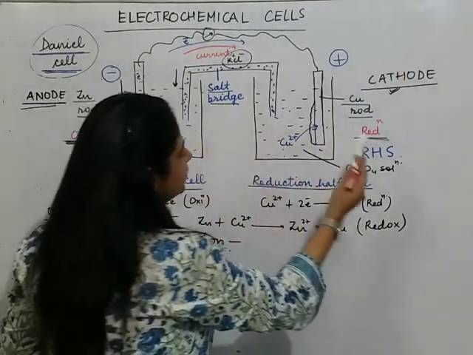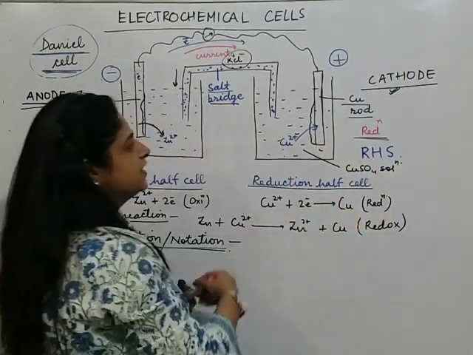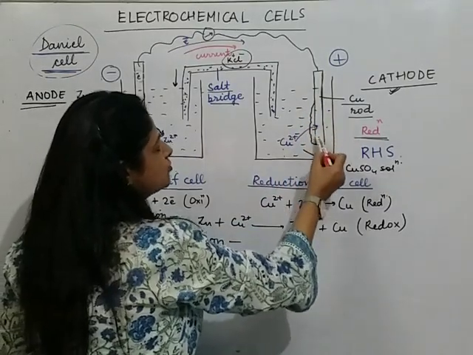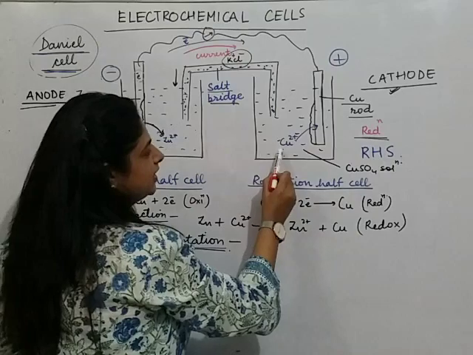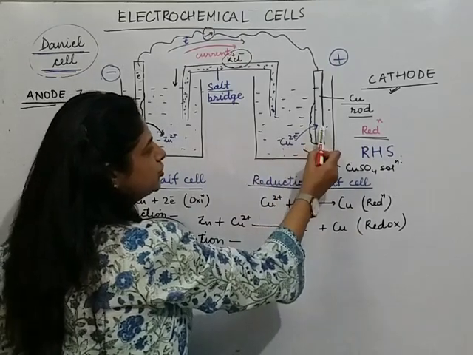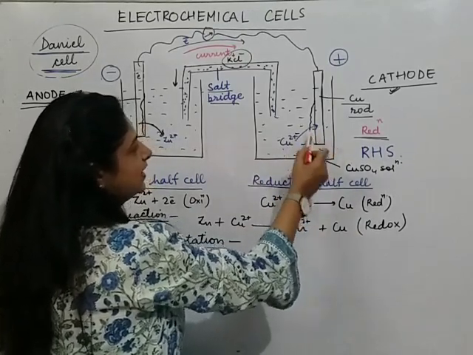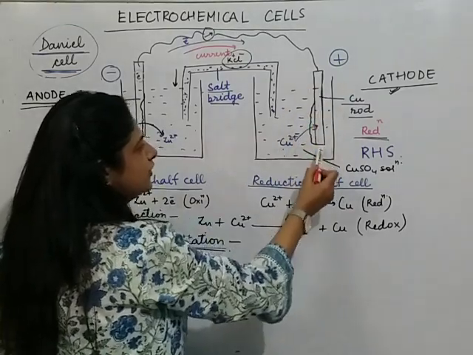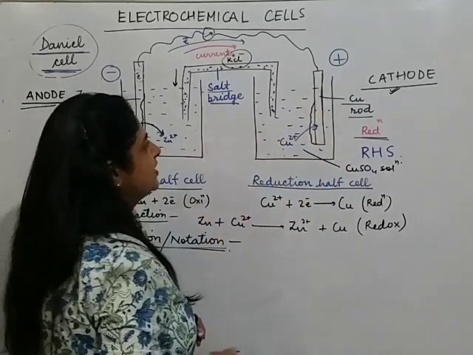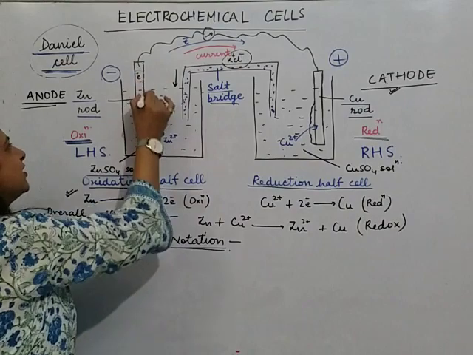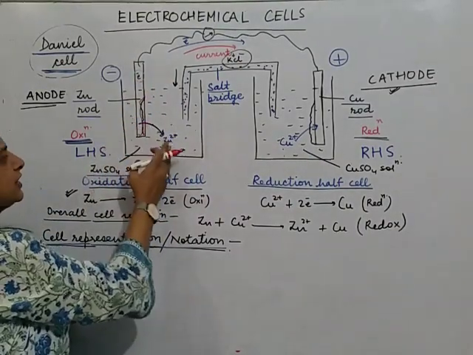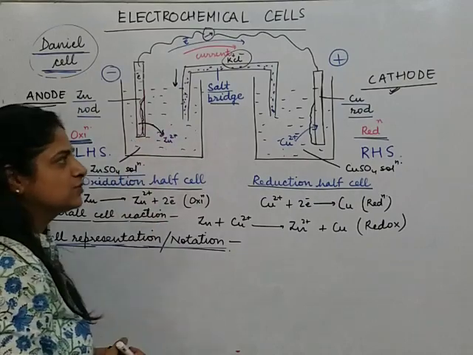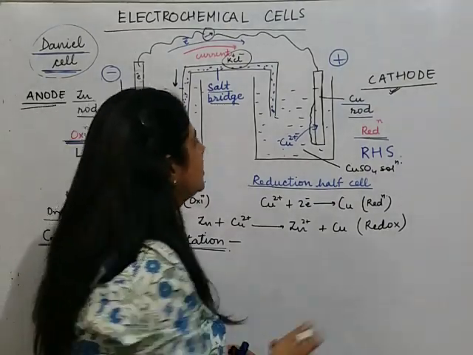When we move towards the right hand side, we can see the copper electrode is acting as the cathode. Here the copper ions from the electrolyte are getting reduced, and that is why the size of the cathode is increasing, while the size of the anode gradually decreases because of the conversion of zinc to zinc ion and its dissolution in the electrolytic solution.